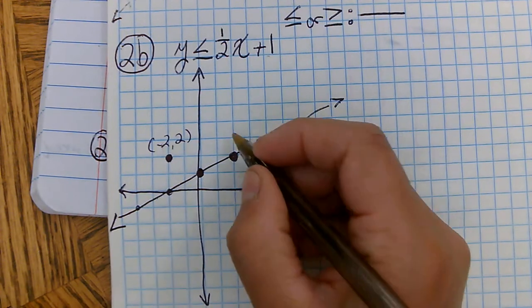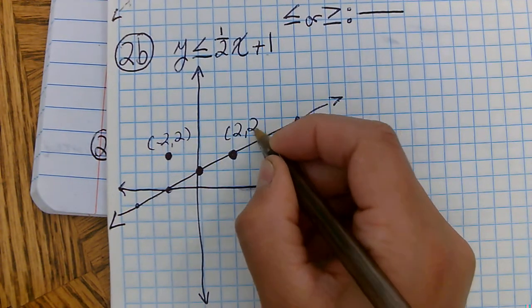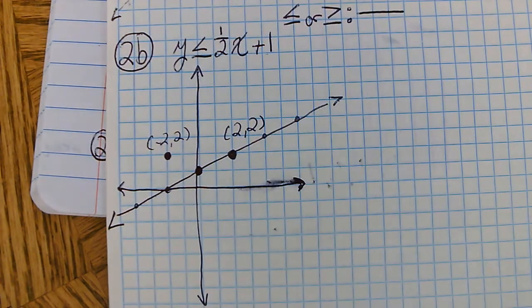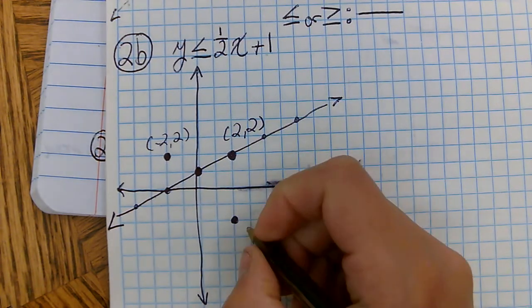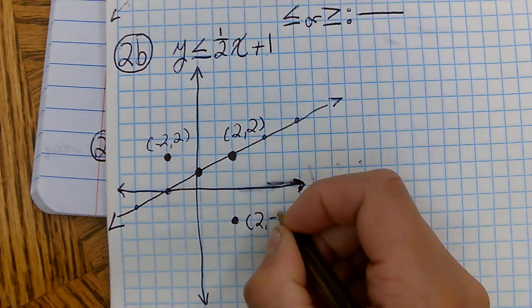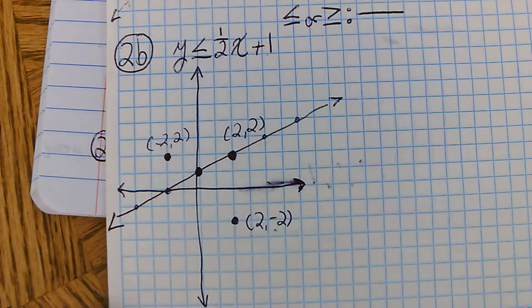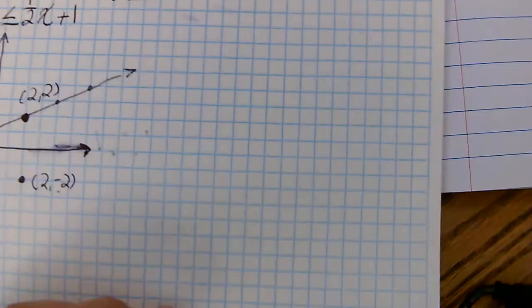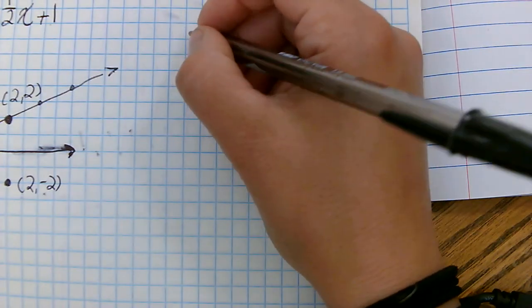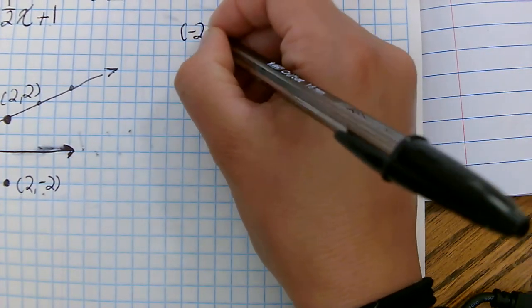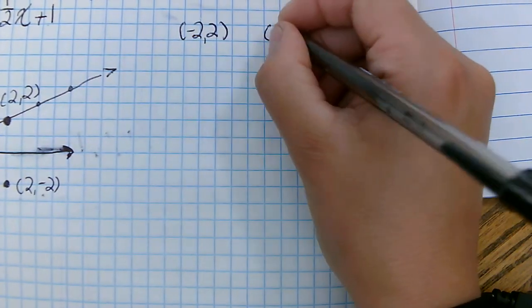That's 2, 2. And I will pick a point below. I'm going to do all 2's, why not? That is 2, -2. Again, you don't have to do this every time. It's just to show you why this happens. I'm going to plug in these 3 points.